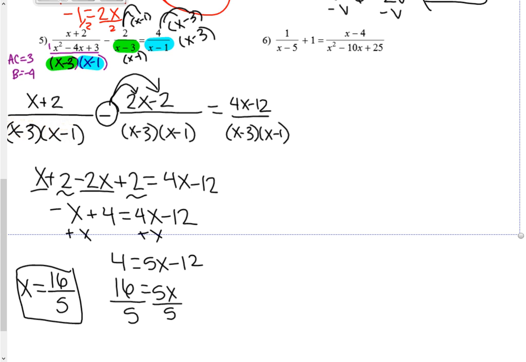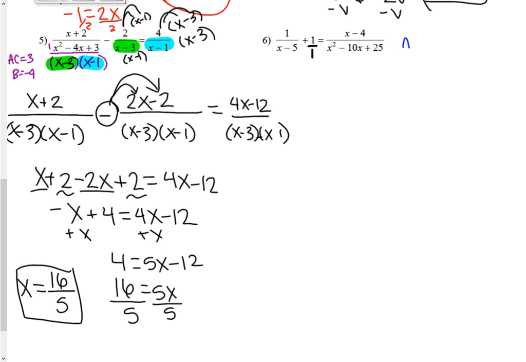Okay, so on number 6, again, the first thing I need to do is find my common denominator. We have that 1 in there, so no 1 is over 1. Remember, whenever we have a whole number or something without a denominator, it's always going to be over 1. So first thing I want to do is I'm going to factor that third fraction's denominator.